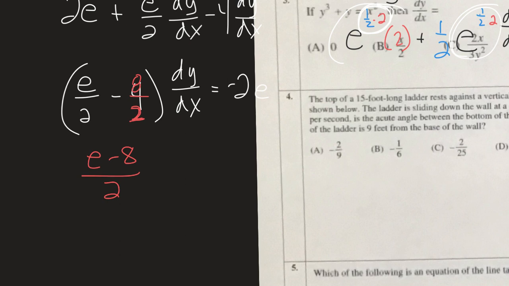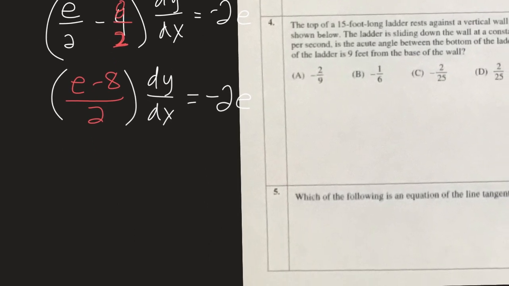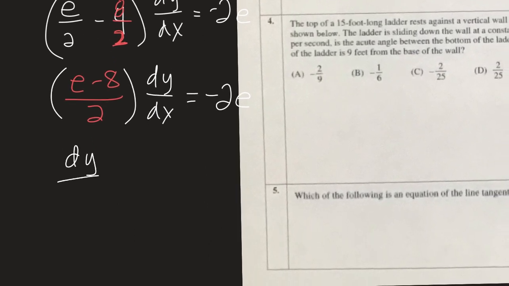I'm simplifying my fraction so I have one fraction, not a fraction minus a number, because in a second I'm going to divide by my fraction, aka multiply by its reciprocal. So dy/dx equals negative 2e times the reciprocal of this, which is 2 over e minus 8.